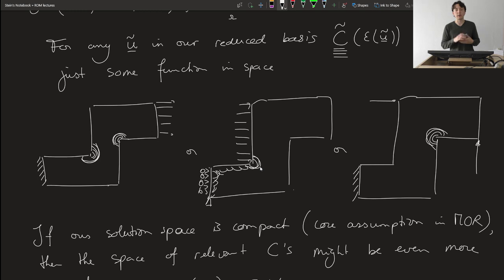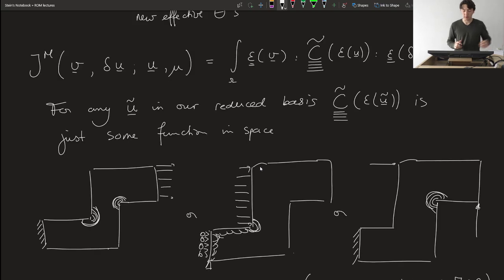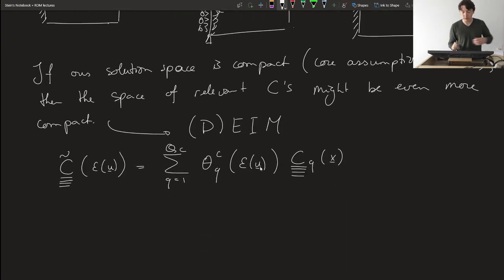Then we would use some sort of interpolation algorithm, like discrete exterior interpolation or just empirical interpolation, to come up with an affine decomposition like this. And this is what you would then use in the nonlinear equations. So this is what you would substitute in place of this tangent stiffness, where at each new iteration you would get the coefficients corresponding to each of these components in a very localized way, right? So that's also one of the techniques that you would try to fit in here.